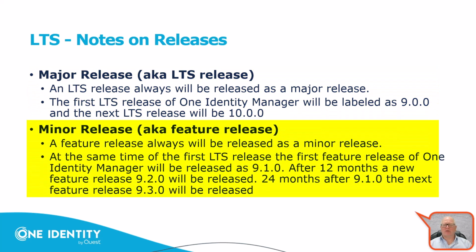All stuff in between, that means releases 9.1, 9.2, 9.3 or something like that, are minor releases, and these minor releases will be known as feature releases in the future.